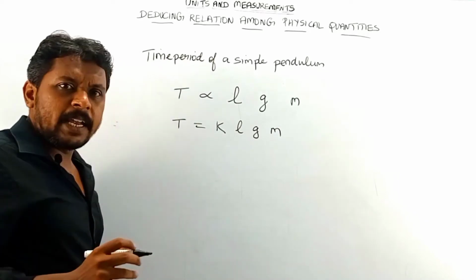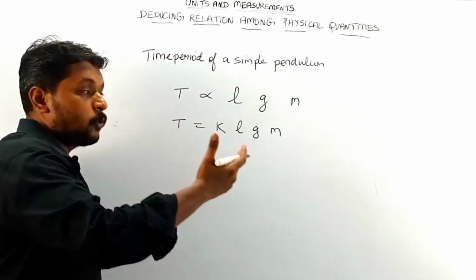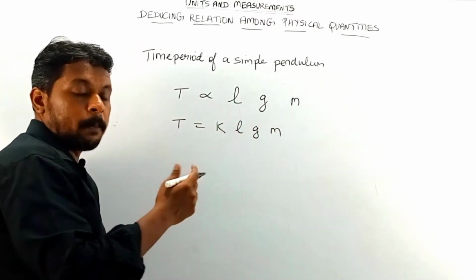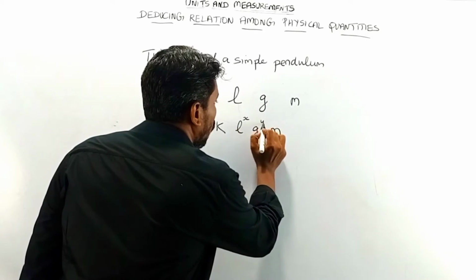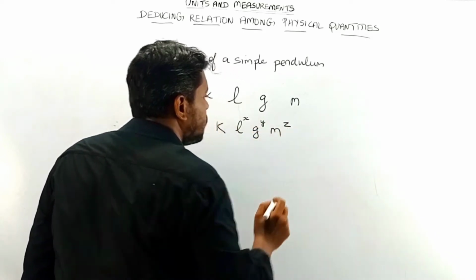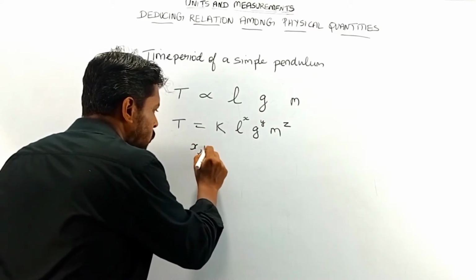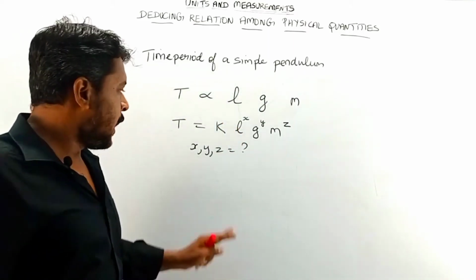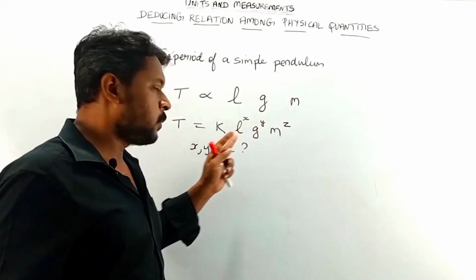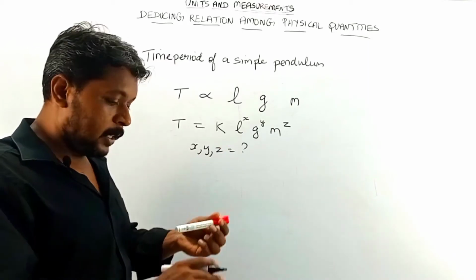To find the relationship of these terms with the time period, I am going to introduce exponent powers to these three terms: a power of x to L, y to g and z to m. Next, I have to find the values of x, y, z. If I substitute the values of x, y, z in these terms, you can find the relationship of the time period with these terms.